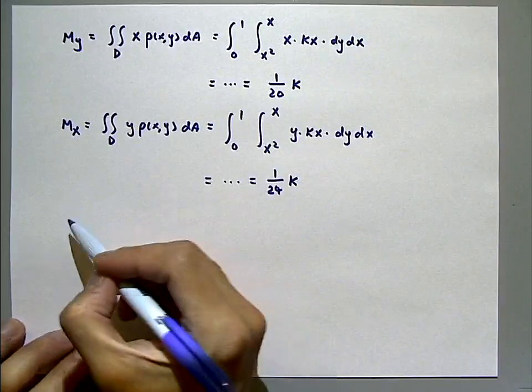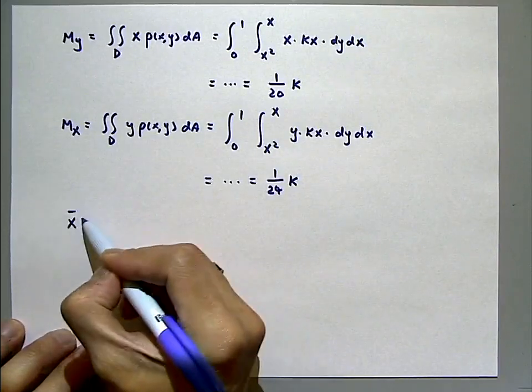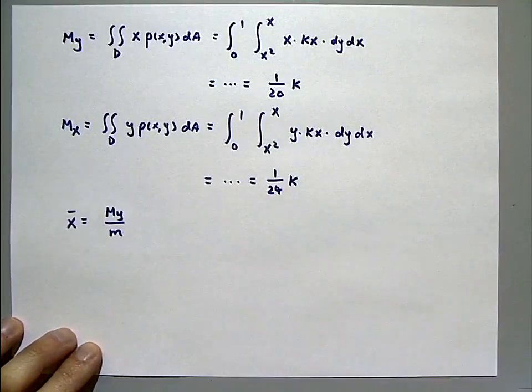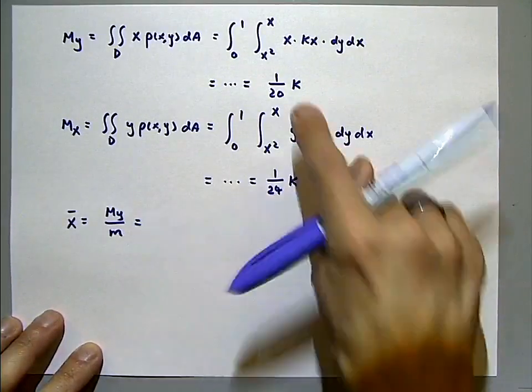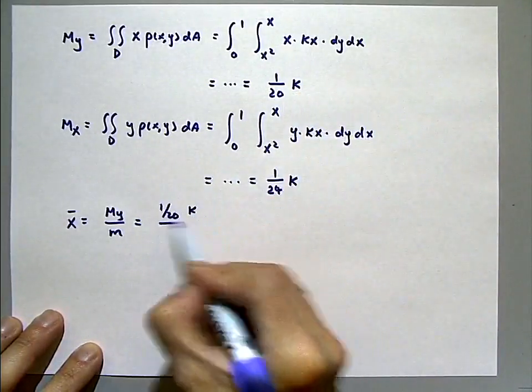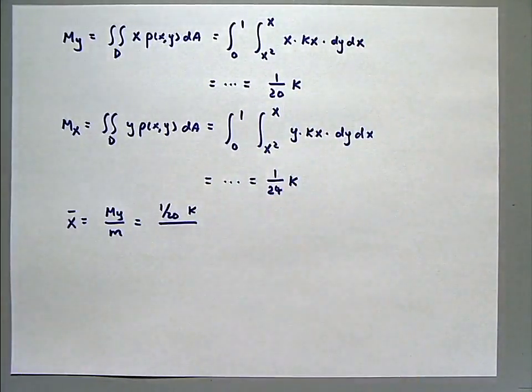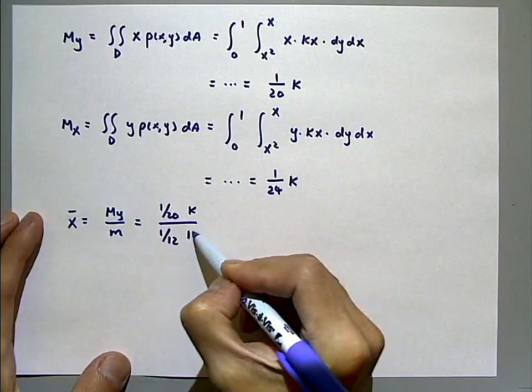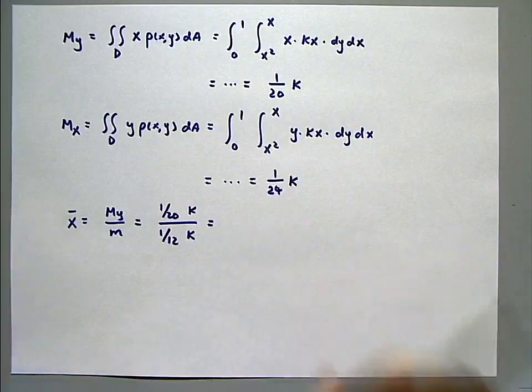Okay, finally, the centroid, x bar is my over mass, right? 1 over 20k over the mass, which is 1 over 12k. Notice the k's disappear.